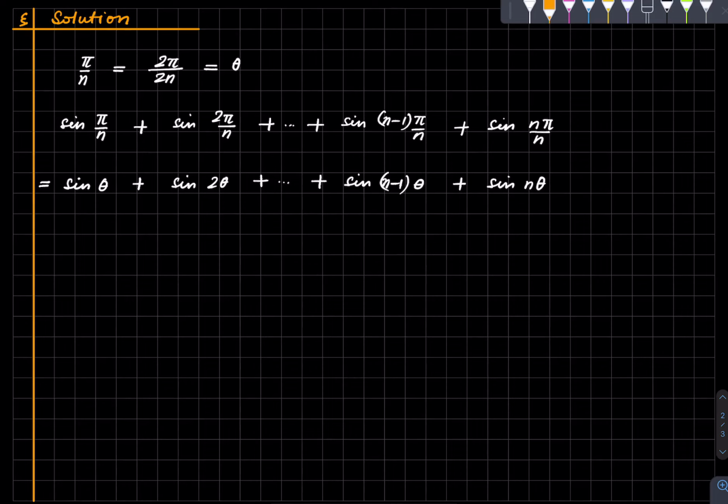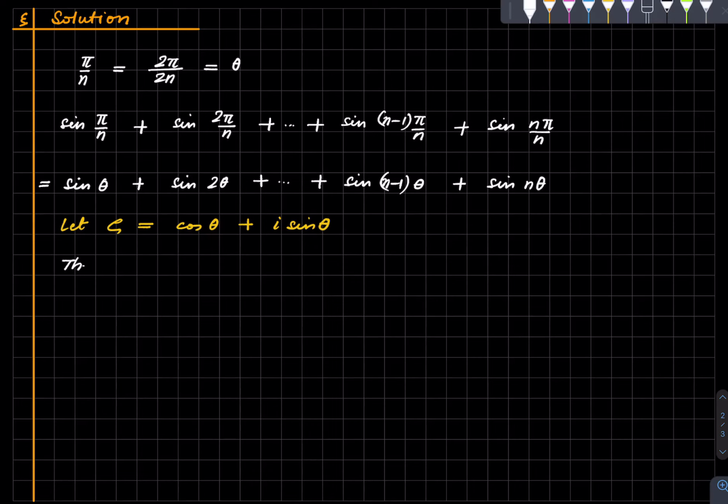So here is a key step. Let zeta be equal to cos theta plus i sine theta. And here is something that we know.